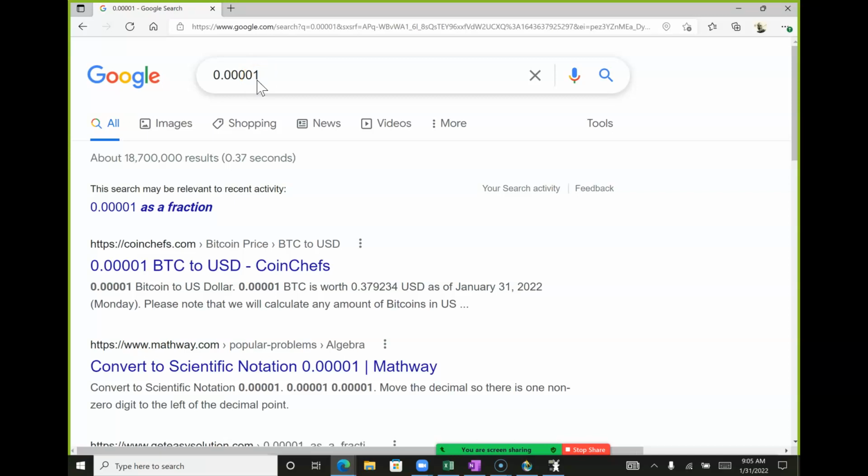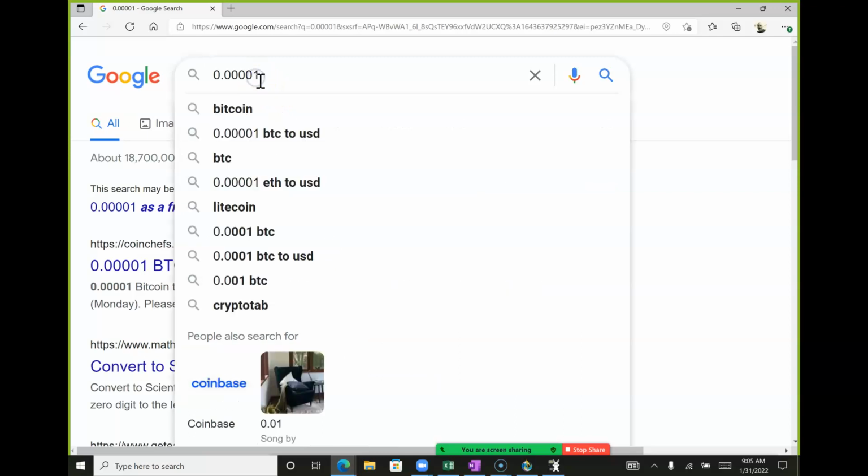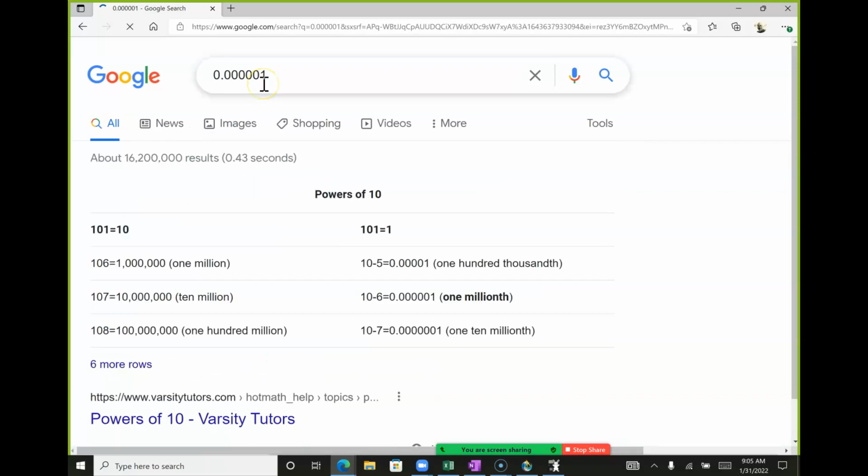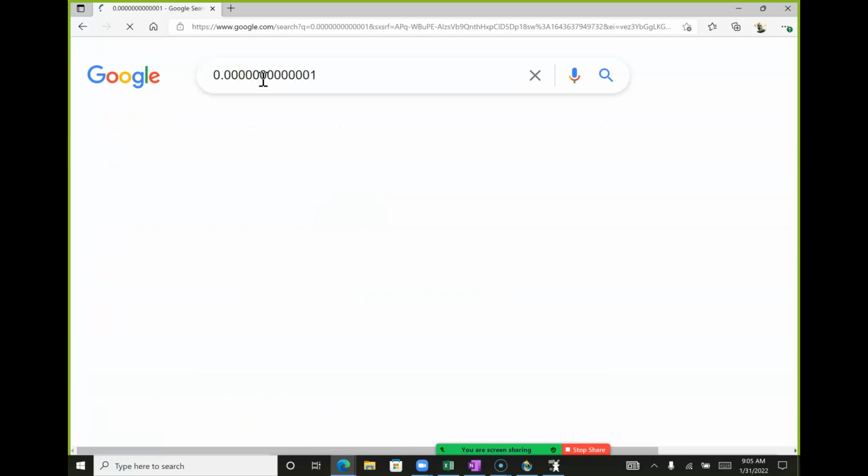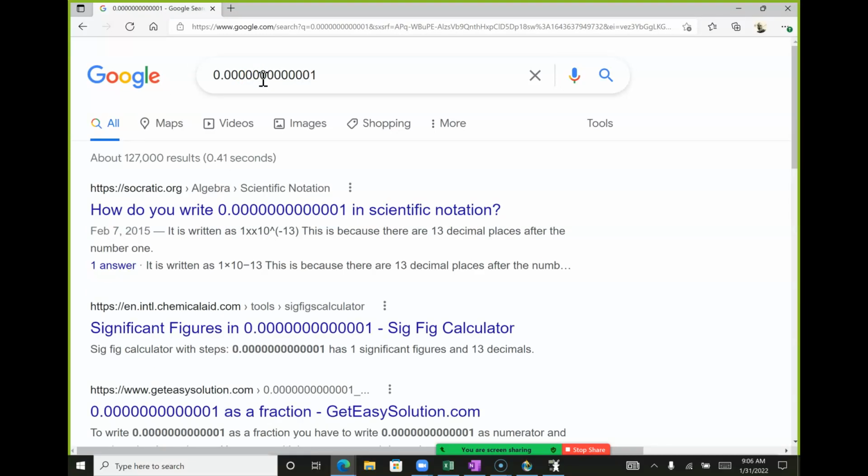So I'm searching for the string 0.0001 in web pages, and I got 18 million results. Next one, 16 million results. Let me just jump ahead because they keep going down. 127,000 results. Where am I going to? What's my limit here?